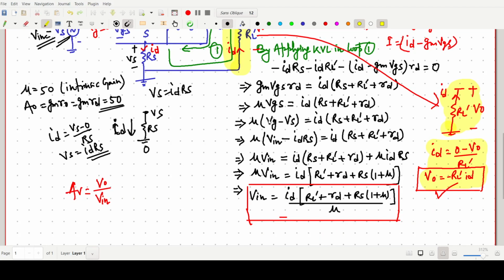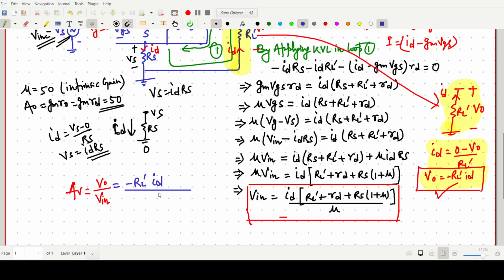This question will help you to solve many questions, not a single question. So now we can write this V naught as minus RL dash into ID.